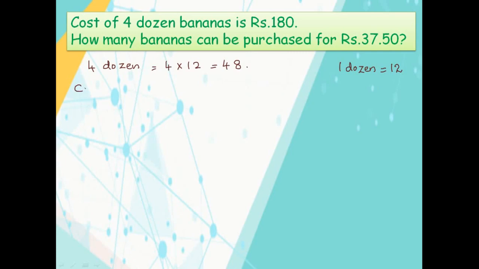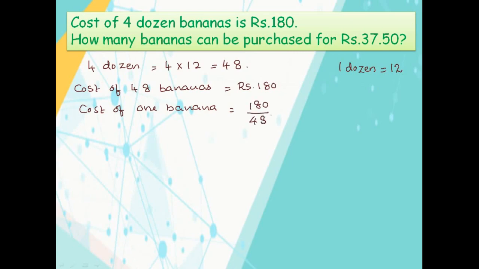So, what is given here? The cost of 4 dozen bananas. Instead of 4 dozen bananas, I can write 48 bananas is equal to rupees 180. So, we have the cost of 48 bananas. So, we can find the cost of 1 banana. Cost of 1 banana is equal to 180 divided by 48.